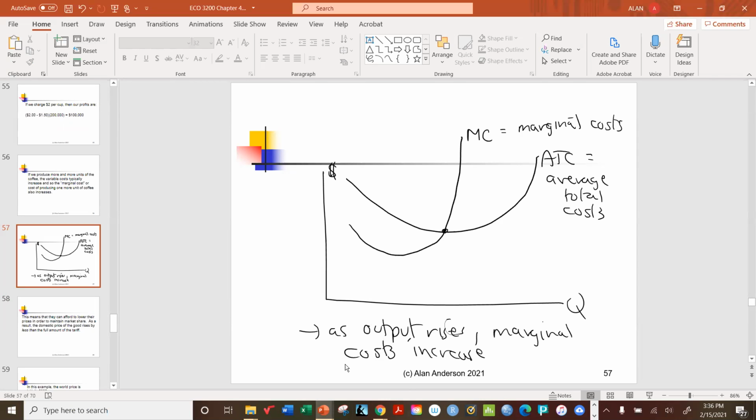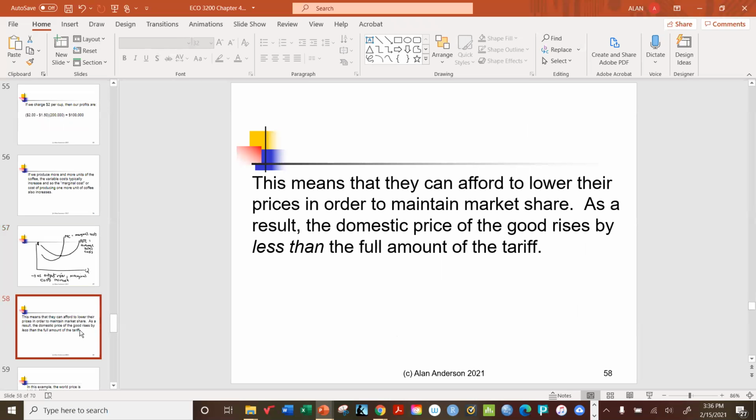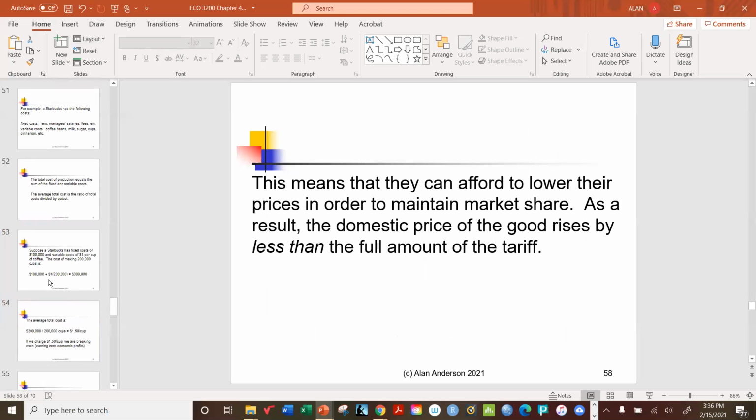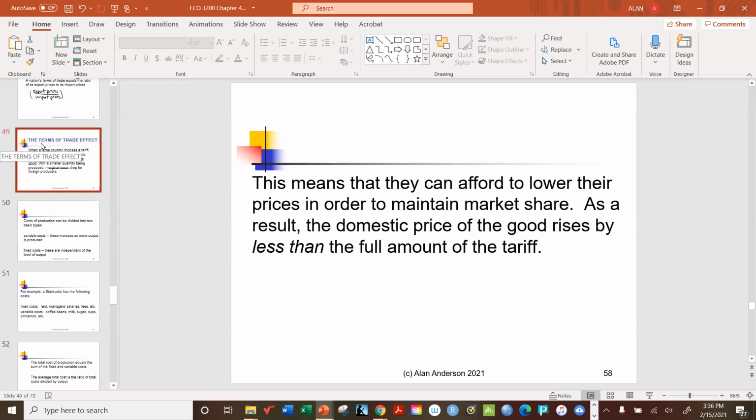And therefore, increasing our output will typically require us to raise the price of the good. So let's tie that back now to what we were doing here. That's why I wanted to take the side detour, so this next piece makes sense. Let's go back to where we were.